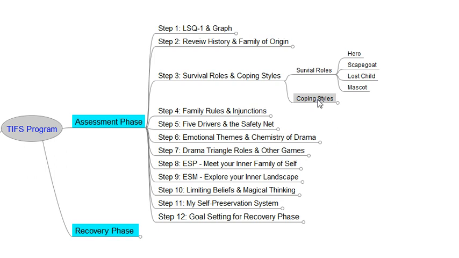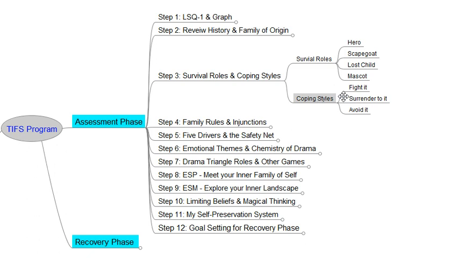We'll also look at the coping styles that each part of us tends to use. Coping styles include fighting a script that we've identified up here, fighting a pattern of behavior, or surrendering to that pattern of behavior, or avoiding having to choose either way. Let's say, for instance, we have a people-pleasing pattern of behavior.